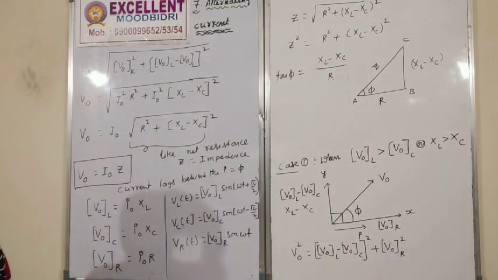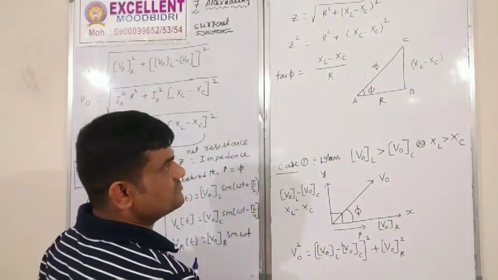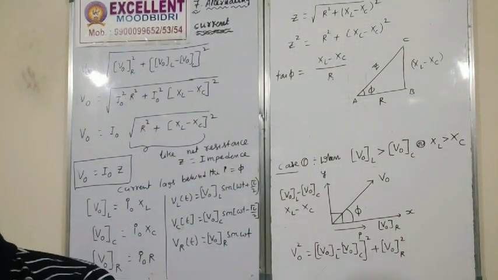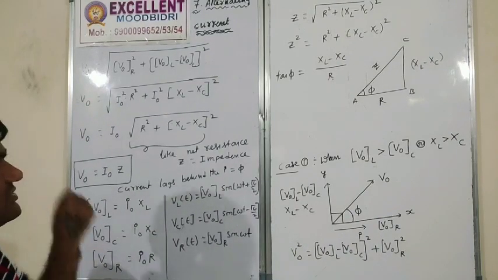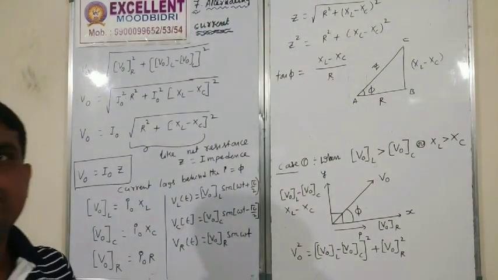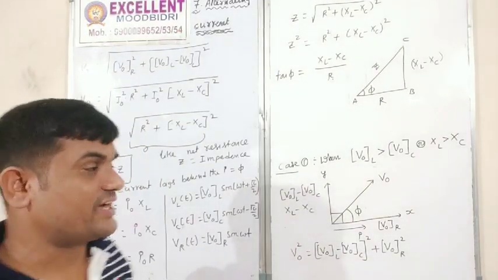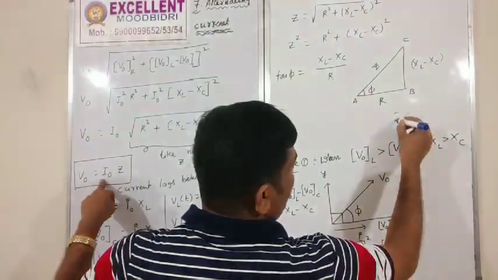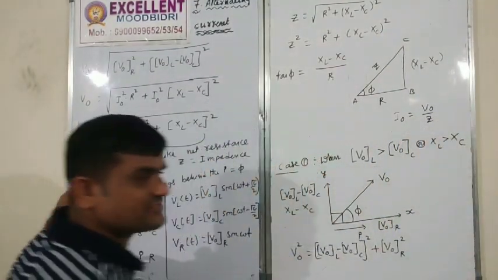That is case 1. If I want power factor, before that I want the current also. How much is the current here? I is equal to I naught, which is V naught by Z only, right?